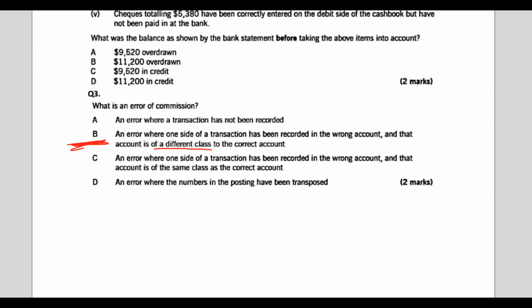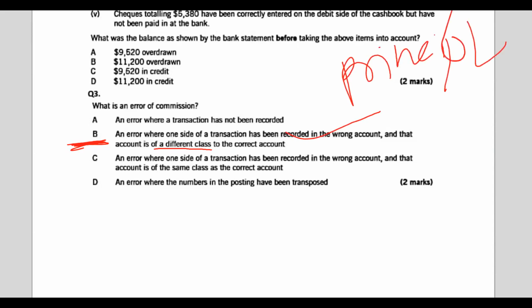Yeah. What about an error of principle? Explain what it is. An entry that is entered into a wrong class of an account. Okay. All right. So this one is an error of principle. Okay. The error of original entry. Anyone to say something about the error of original entry?